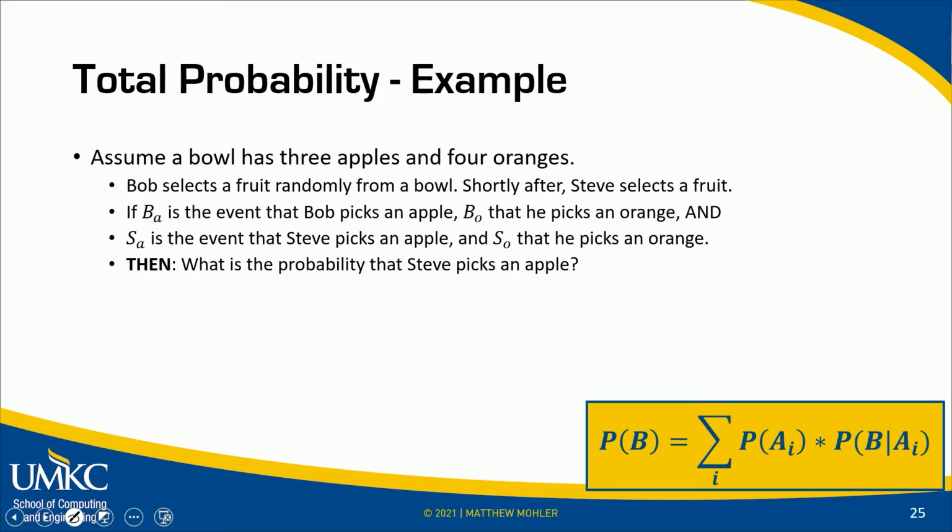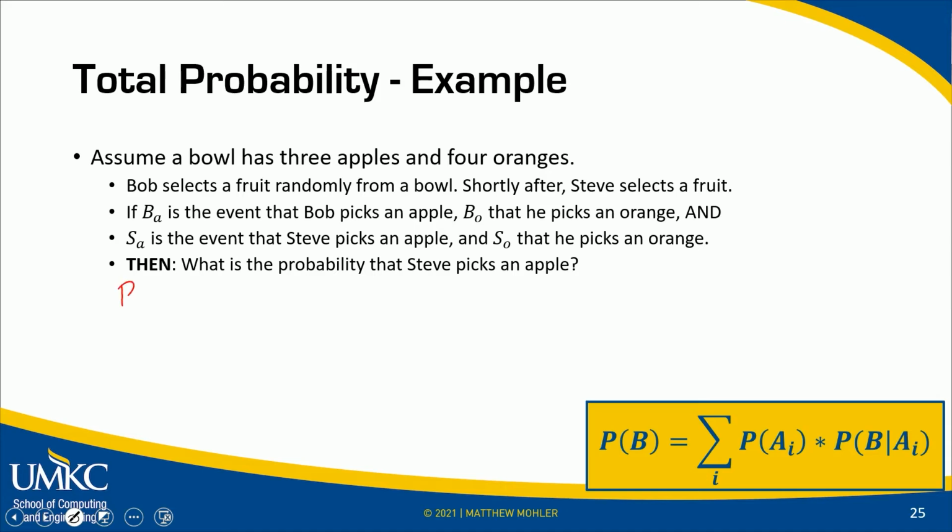So based on this situation, again, the bowl has 3 apples and 4 oranges. What is the probability that Steve picks an apple? Well, let's go through and figure out using what we know. So the first thing we can do is just start writing some stuff down. The first thing that happens is that Bob is going to pick a fruit. So let's see what the probabilities of him picking an apple and an orange are.